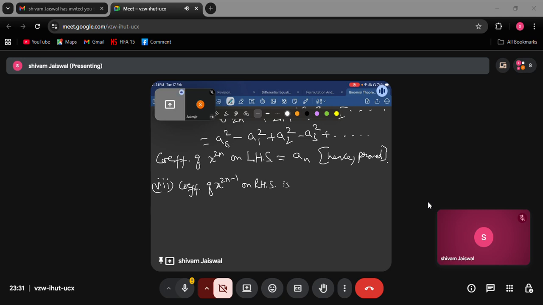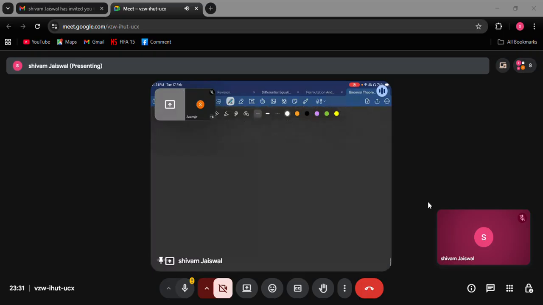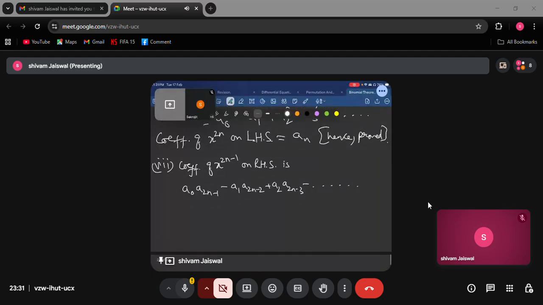Shomita, are you able to understand how I am approaching the problems? It is very important. If you don't understand, you won't be able to solve it at home. That is a0 into a_(2n-1) minus a1 into a_(2n-2) plus a2 into a_(2n-3) dot dot dot, which is equal to a0 a1 minus a1 a2 plus a2 a3 dot dot dot.